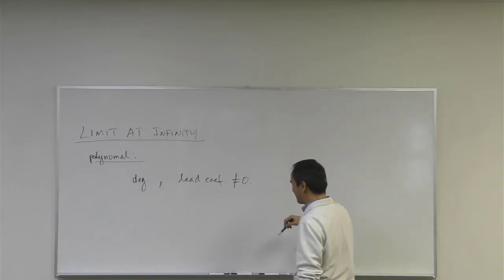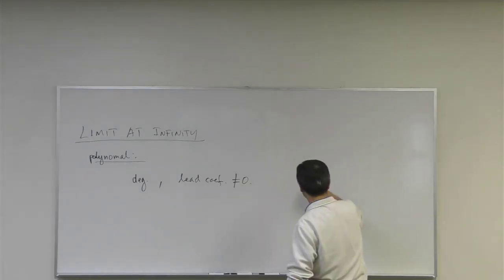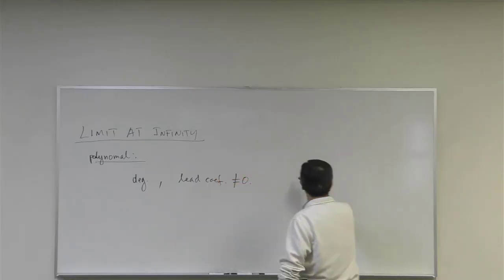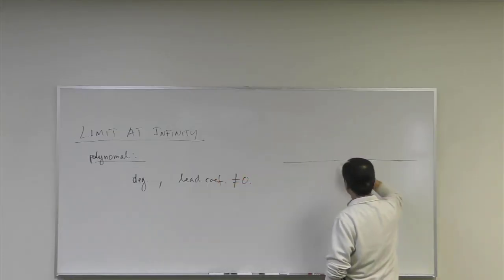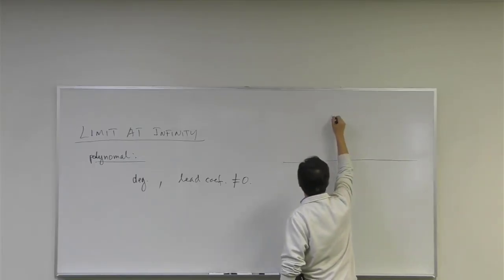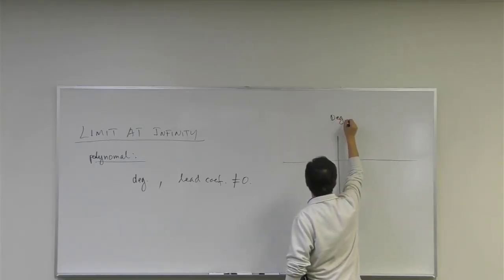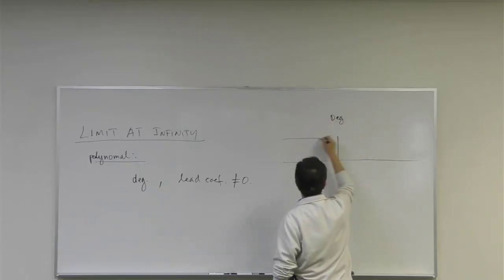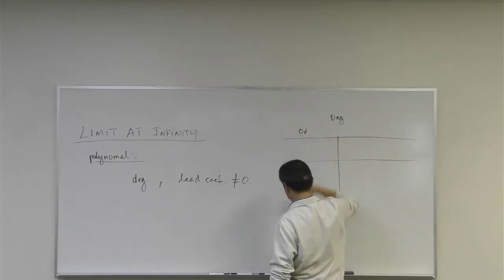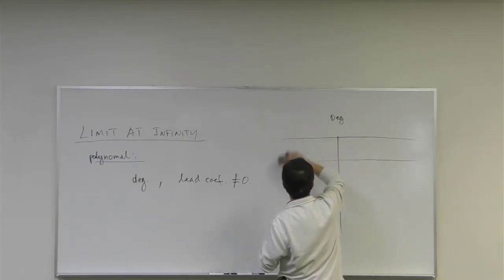I'm pretty sure you have seen this, but you're not going to be surprised how we use it for calculus. So for polynomials in general, we have this table for the degrees of your polynomials. It matters whether it's an odd degree or an even degree.